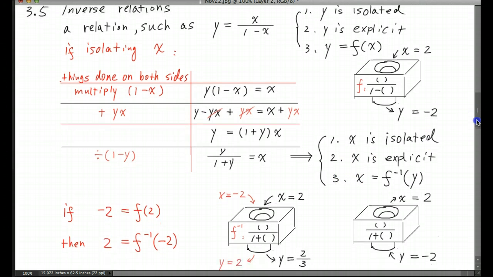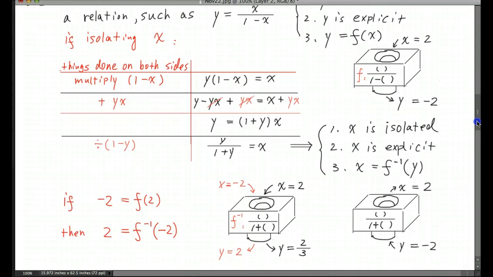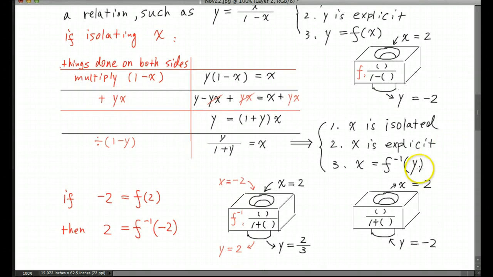Now if you check how the machine works, originally if you put in x equals 2, you get negative 2 for the y. And then if you reverse the process, normally a machine can't really reverse, but what if we assume it can be done this way?